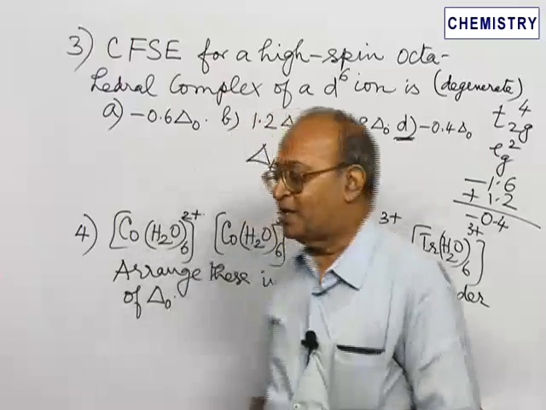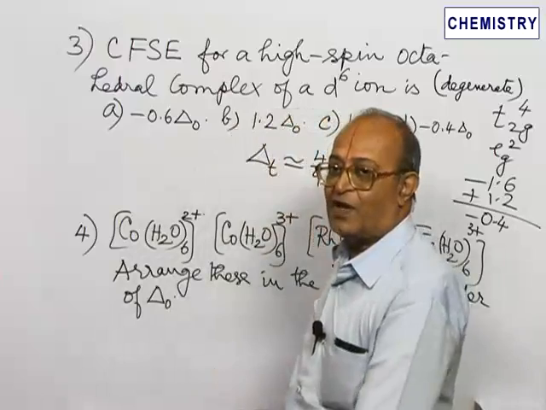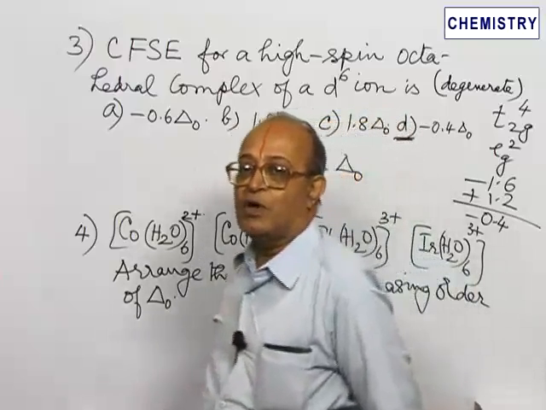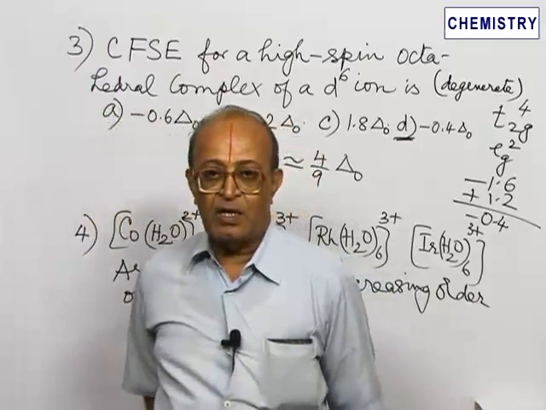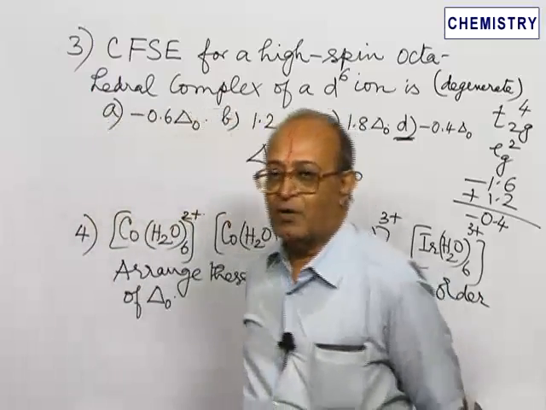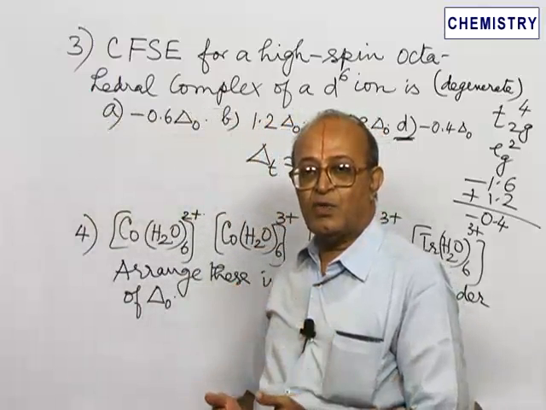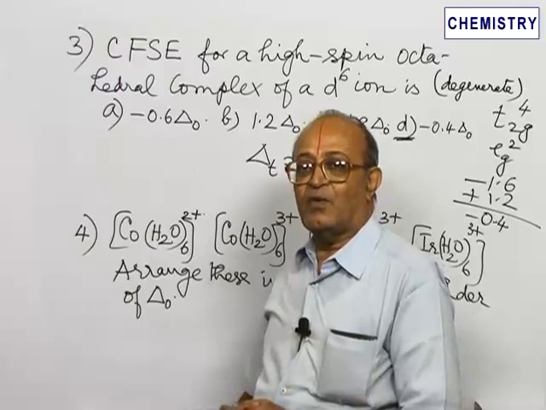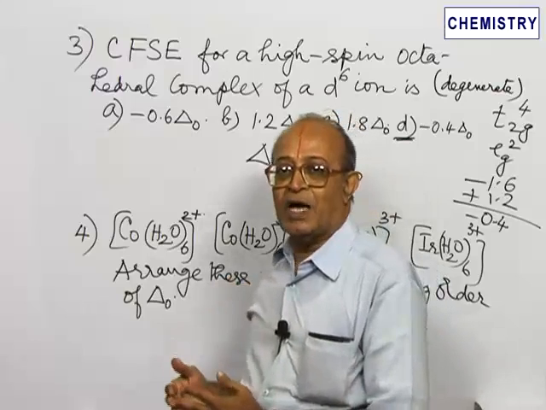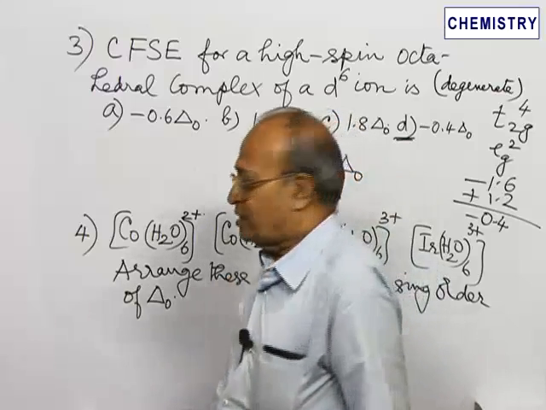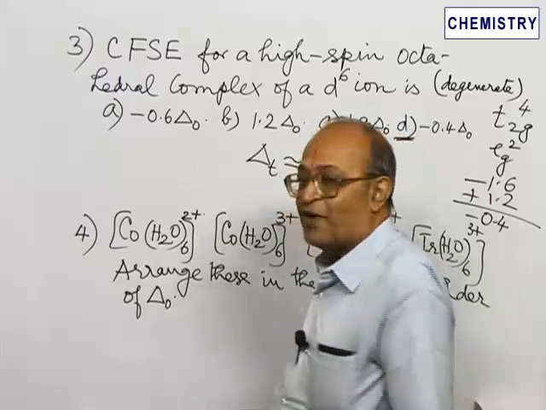Now the question is, arrange these in the increasing order of delta O. For these 4 complexes, you need not remember the delta O values, but you should remember in what way this delta O value will change from one complex to another. Now look at these 4 complexes.